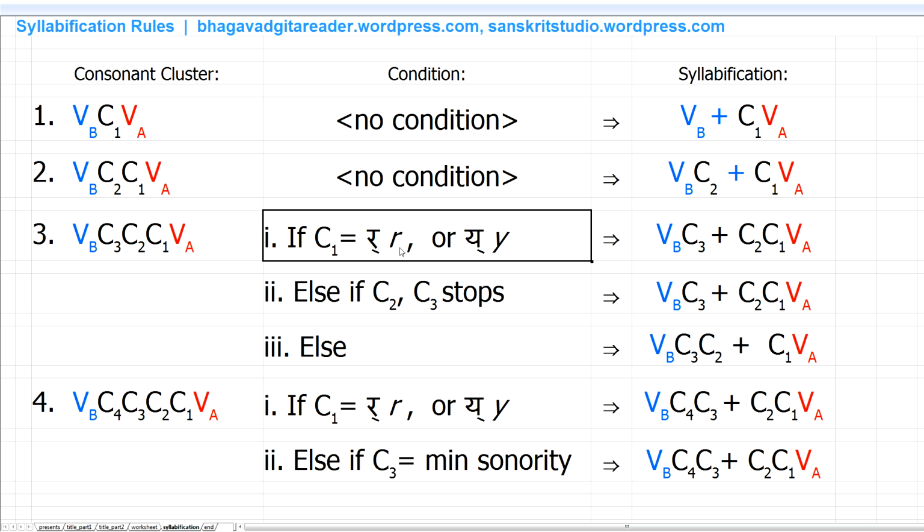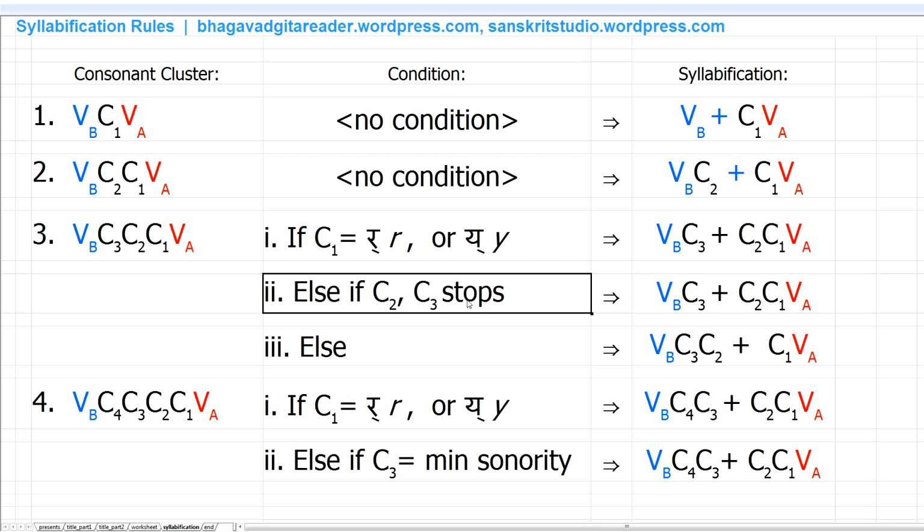Now in the first condition we have to find whether or not C1, the rightmost consonant, is an R or Y. But in drstva, C1 is a V, so it's not R or Y. So that does not apply.